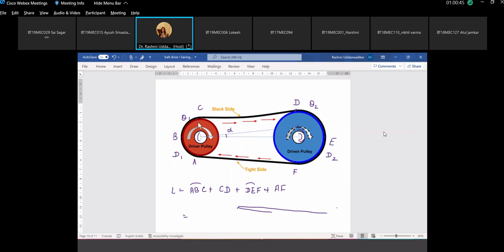Length of the arc ABC is equal to angle into the radius. So this will be D1 by 2 into theta 1 plus what would be this CD?